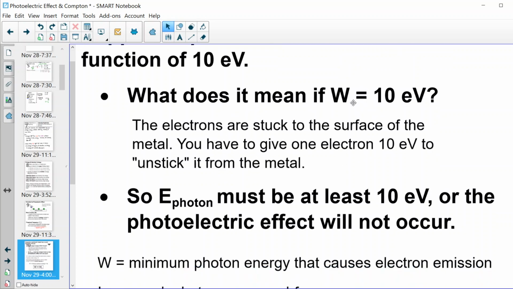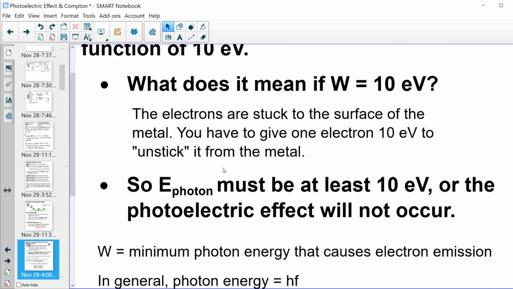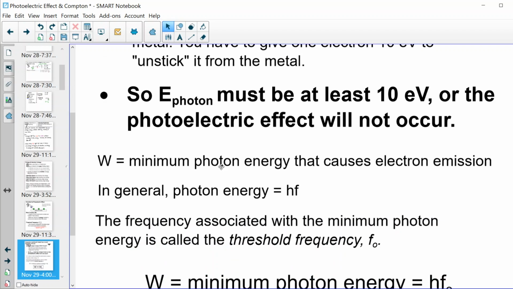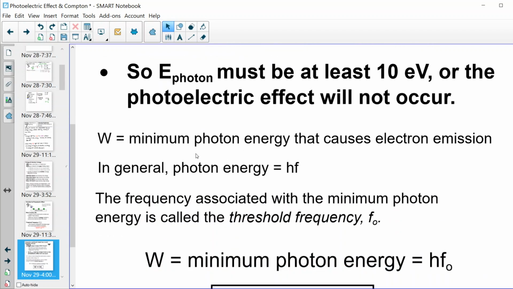To overcome the work function, you have to input 10 electron volts of energy. If you do that, the electron will be freed and the photoelectric effect will happen. That means the energy of your incoming photon has to be at least 10 electron volts. It can be bigger than 10, but not less, or you're not going to see the photoelectric effect.